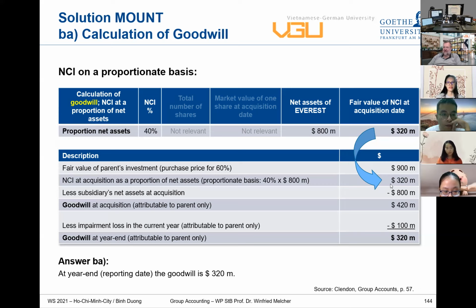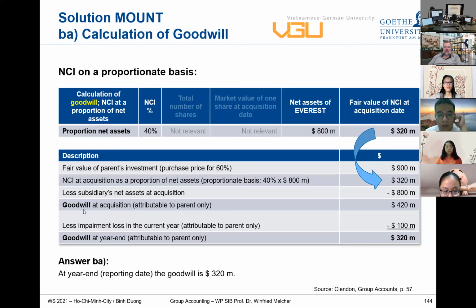So we have a fair value for the net assets of the total company, in this case when we use as a base the net assets rather than market information like a stock exchange price, of 1,220. And when we deduct the 100% of the net assets of the subsidiary, then we have a goodwill at acquisition.